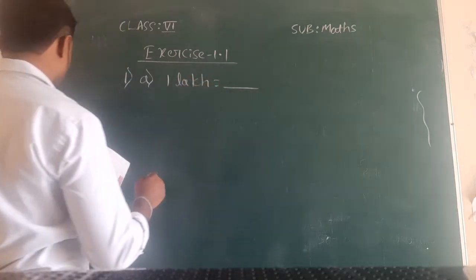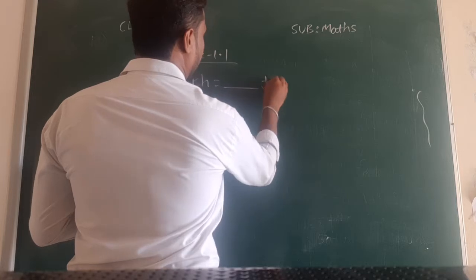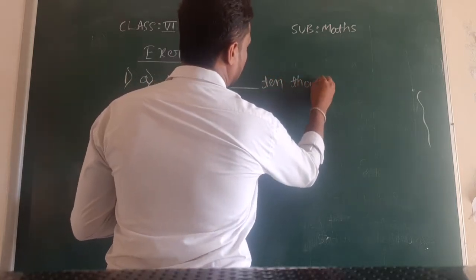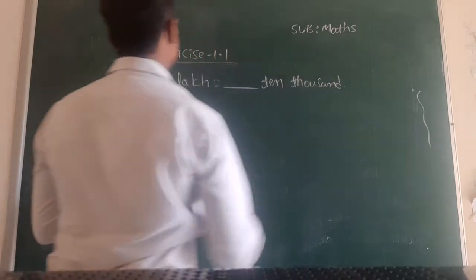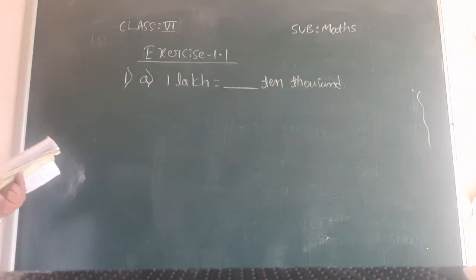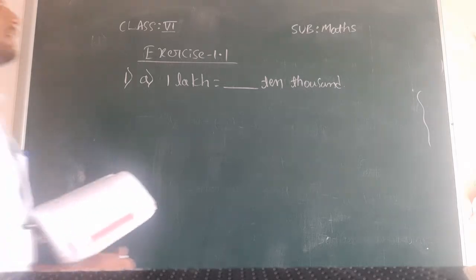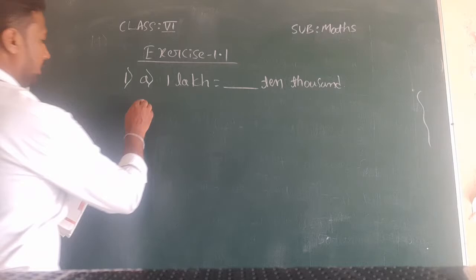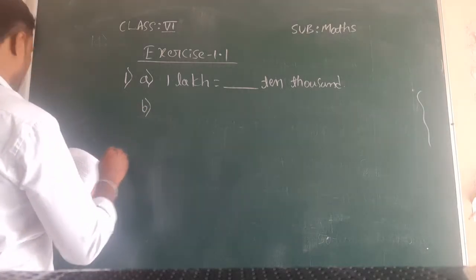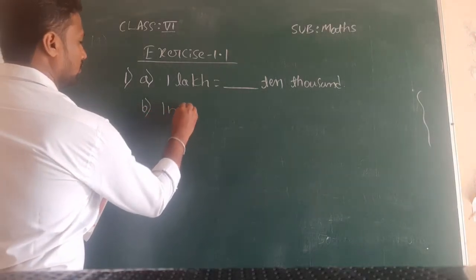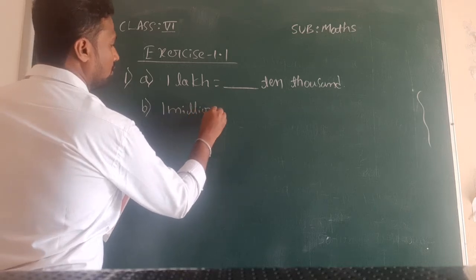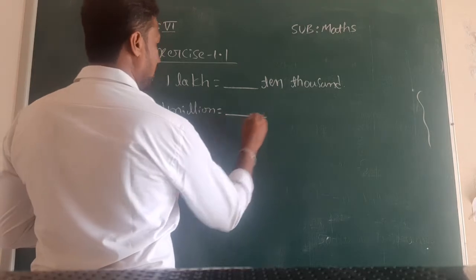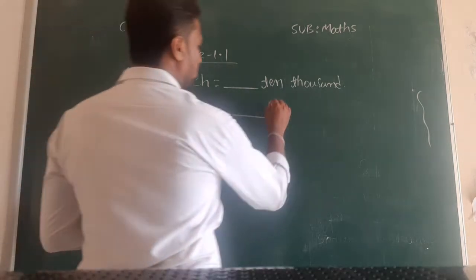So here we have to answer: 1 lakh equals to how many 10,000s? Next, 1 million equals to dash 100,000.